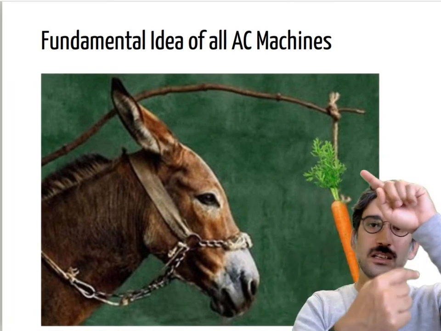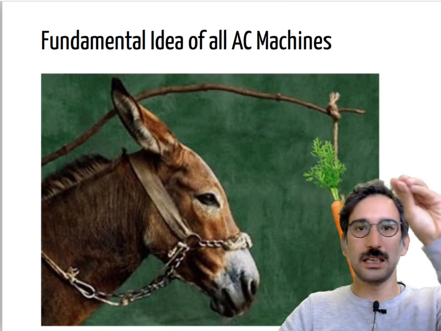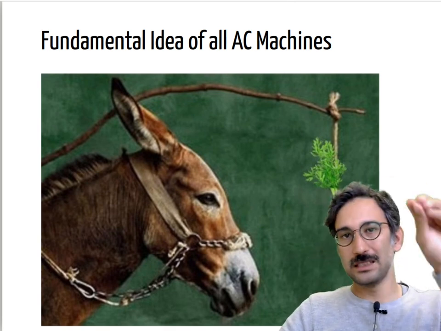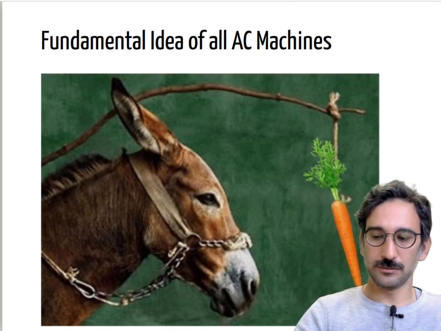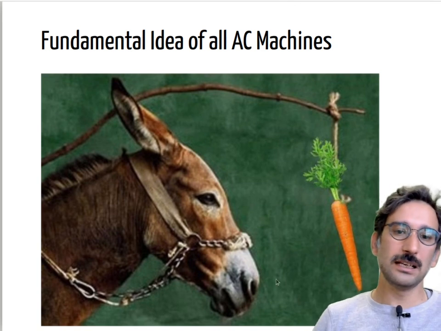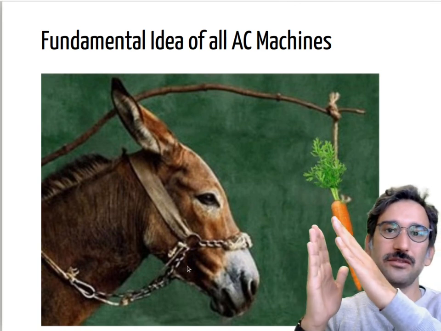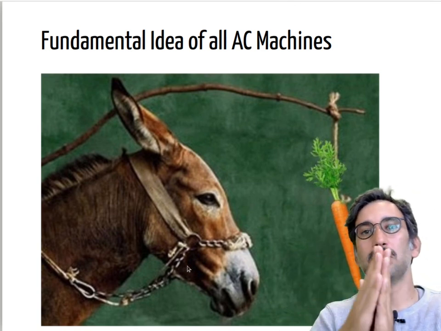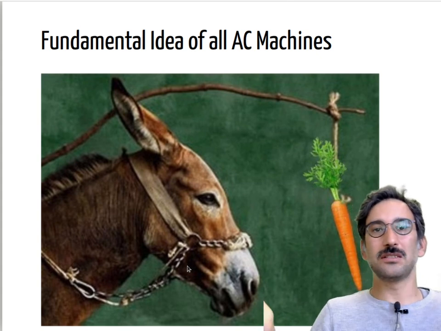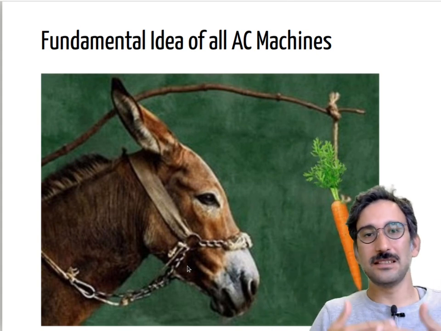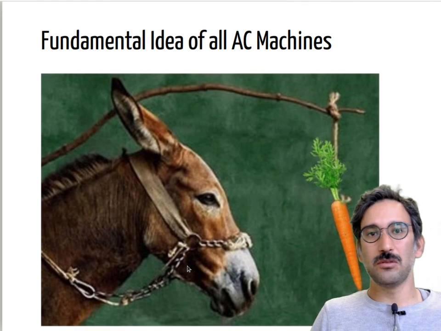So you are creating a rotating MMF. That is what you get from the stator, and the rotor itself tries to align itself to the minimum reluctance position, because it doesn't know whether there is an AC system or permanent magnets.